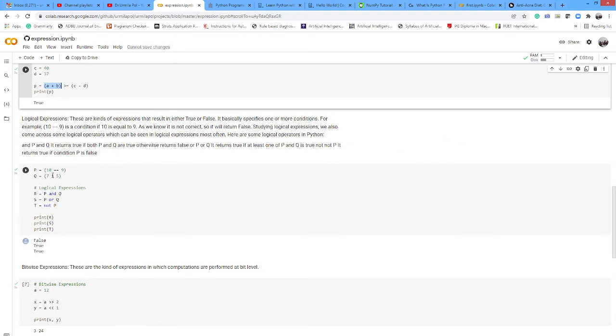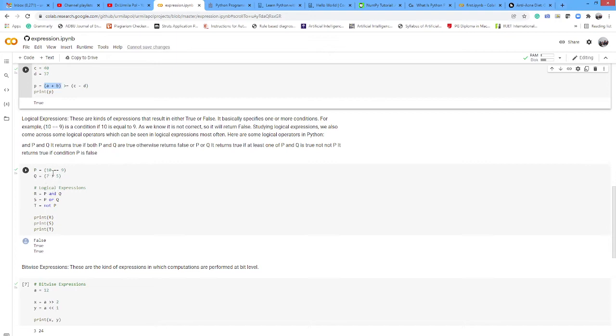P is equal to 10 is equal to 9, Q is equal to 7 greater than 5. Logical expressions. R is equal to P and Q, S is equal to P or Q, and T is equal to not P. Then print R. What is the value of P and Q?